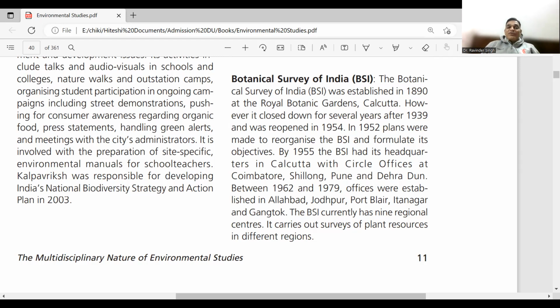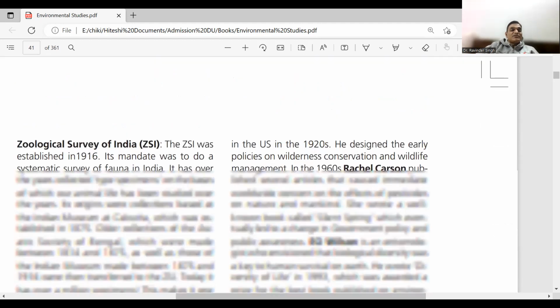By 1955, the BSI had its headquarters in Calcutta with circle offices at Coimbatore, Shillong, Pune, Dehradun. Between 1962 and 1979, offices were established in Ahmedabad, Allahabad, Jodhpur, Port Blair, Itanagar, and Gangtok. BSI currently has 9 regional centers. It carries out surveys of plant resources in different regions.